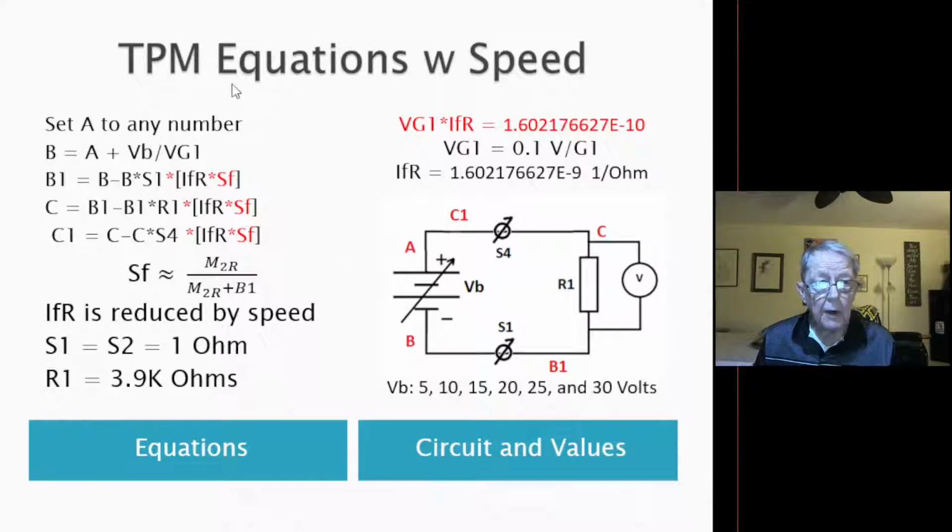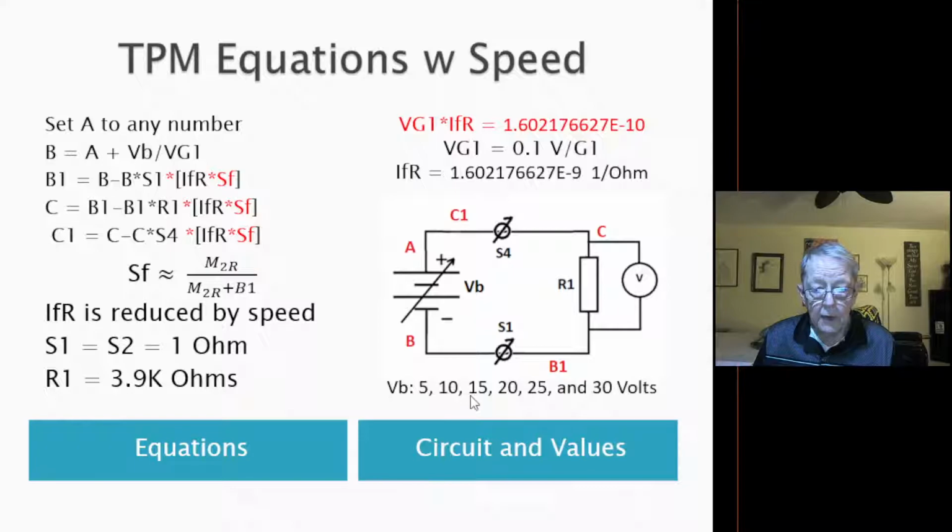This is where I took TPM equations and I added the speed factor to the sense resistor, the resistor that I'm really trying to test, and another sense resistor. And what I did was I took one resistor and I set the voltage to around 5 and measured it.